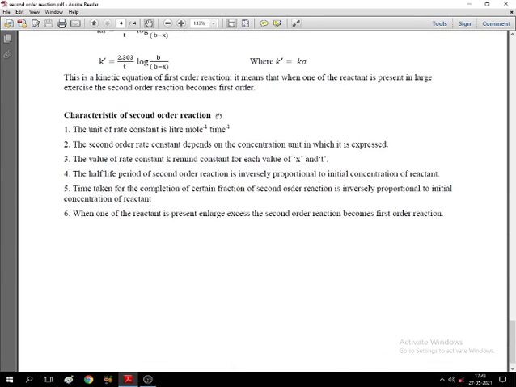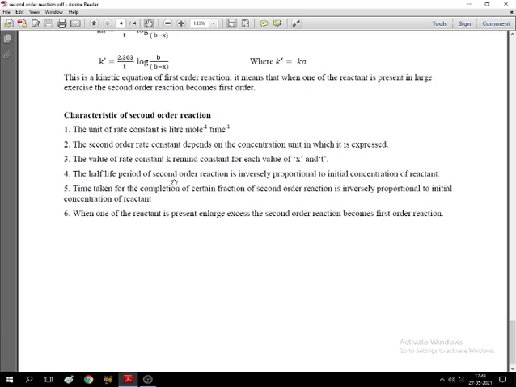Now the characteristics of second order reaction: the unit of rate constant of second order reaction is liter mole inverse time inverse. The second order rate constant depends upon the concentration unit in which it is expressed. The value of rate constant K remains constant for each value of x and t.